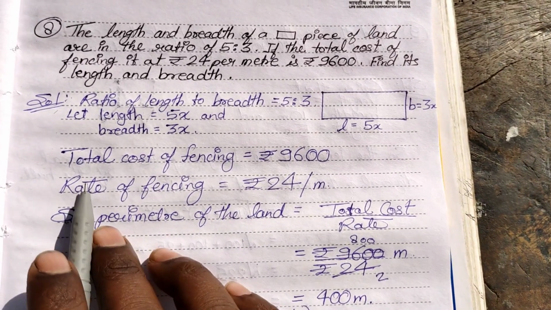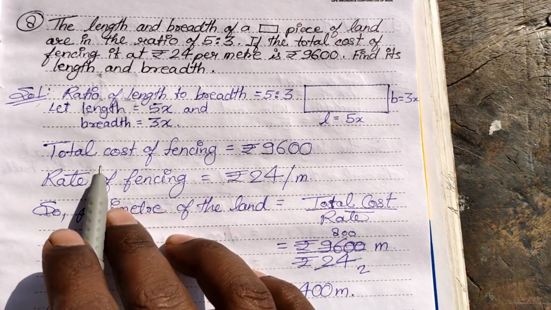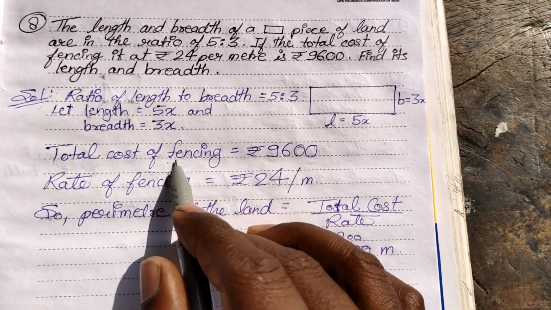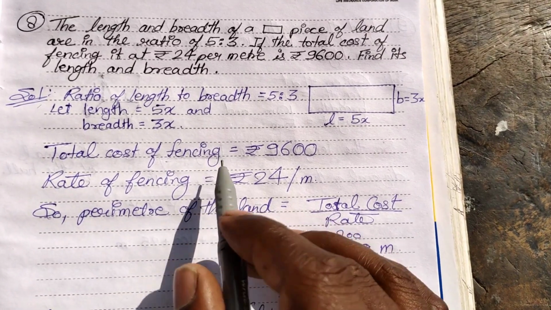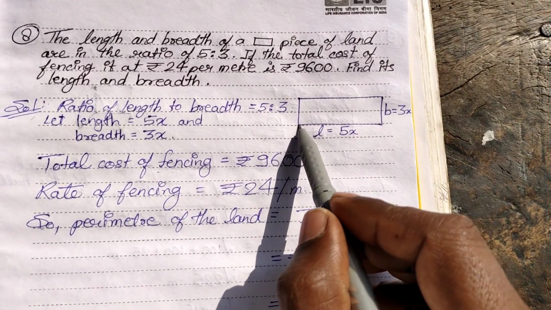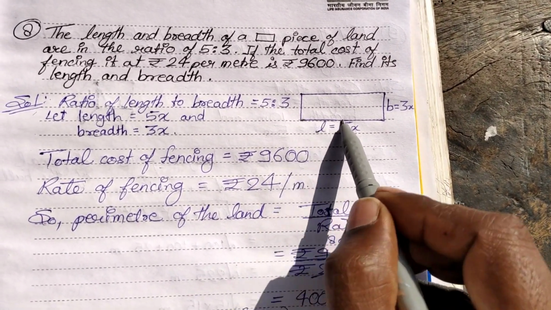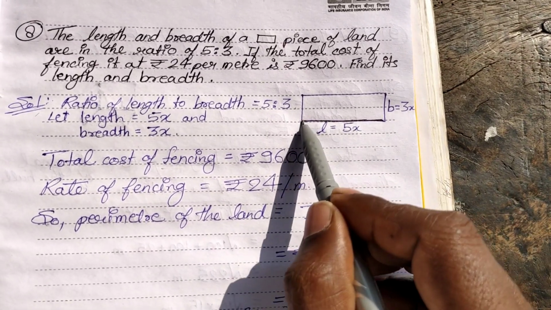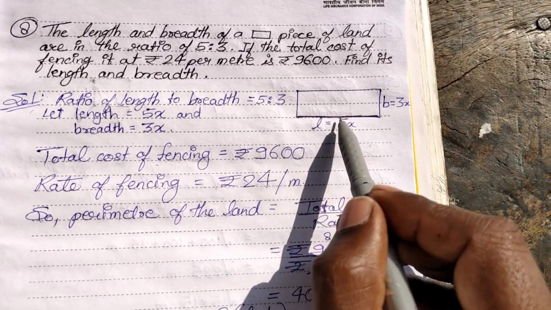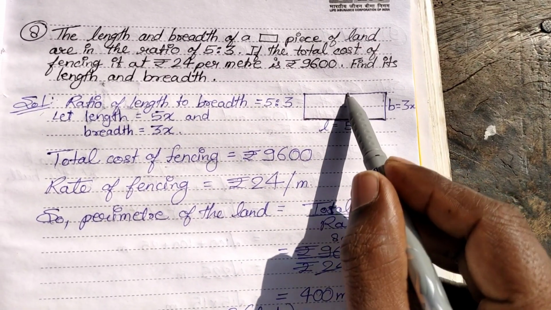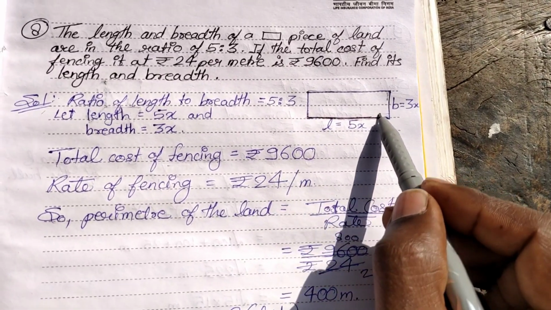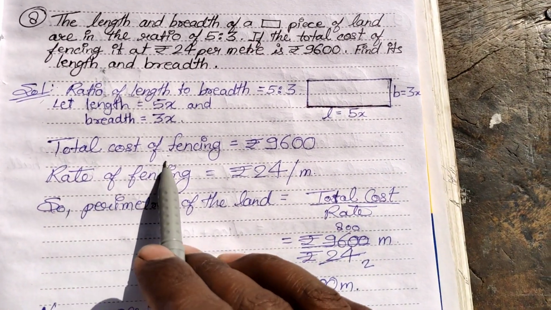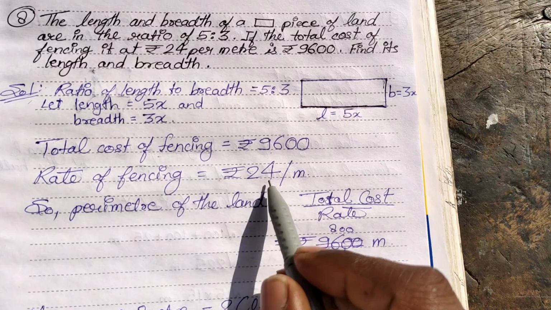Now here the total cost of fencing is given. We know that fencing is done around the edges of the park, or the edges of the plane figure. Edges is the perimeter, we already know. So total cost of fencing is given, rate of fencing is given.